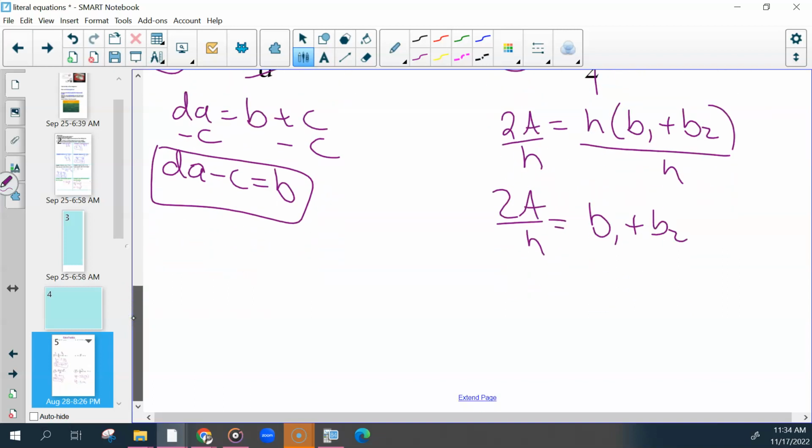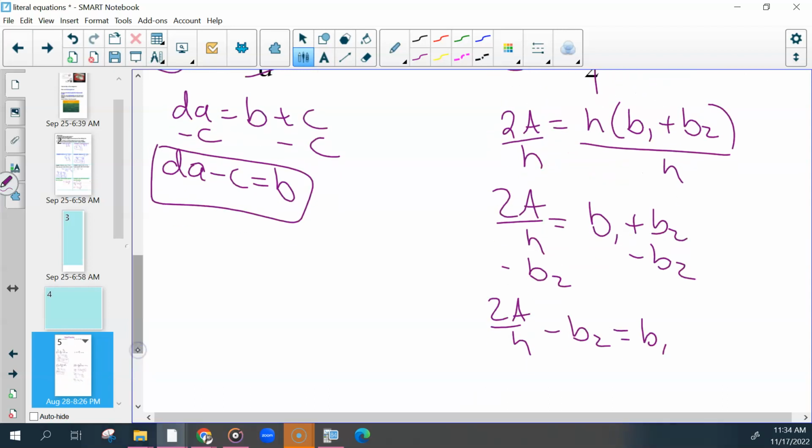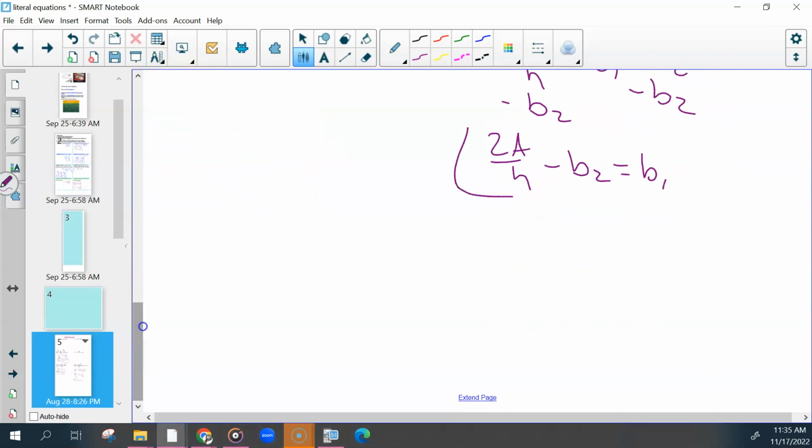And now we can get rid of b2 by subtracting. So 2a over h minus b2 equals b1 would be our final answer.